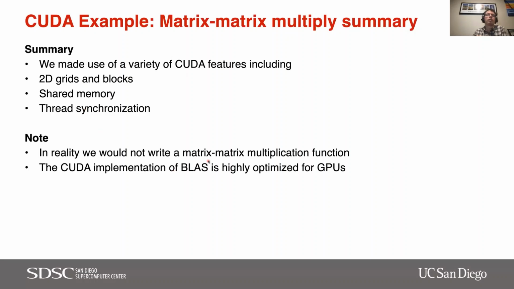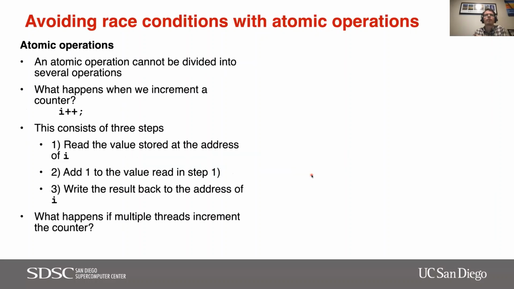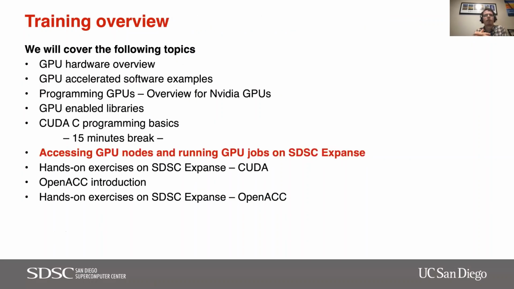There are some optimizations in there, and still it's much slower than the highly optimized BLAS library. There's also some information about atomic operations to avoid race conditions, with an example that I have in the source code. I will skip over this because we want to do some hands-on sessions.